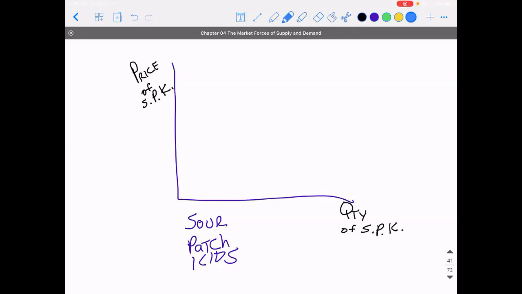And as we have written out before in the previous video, there's a downward sloping line. Now it can be a straight line. Sometimes on the internet, you're going to see it as a curve, straight line, doesn't matter. The most important thing is that you see that it's downward sloping.